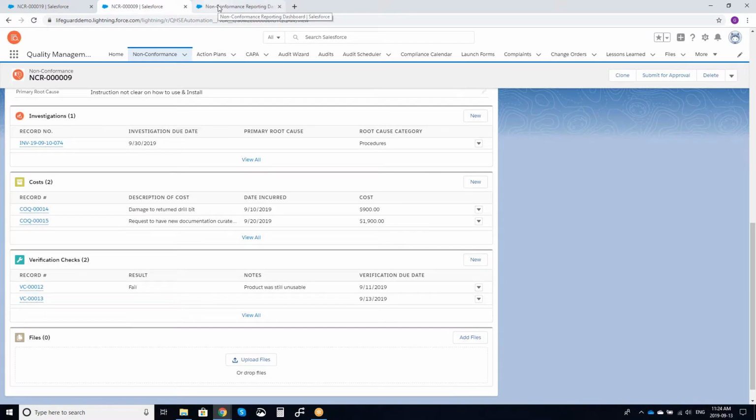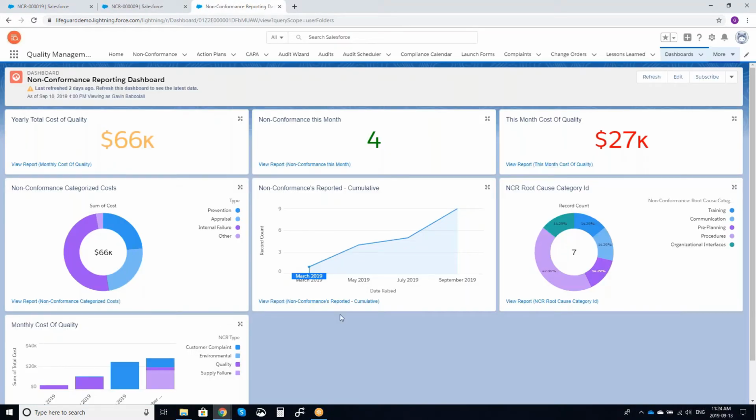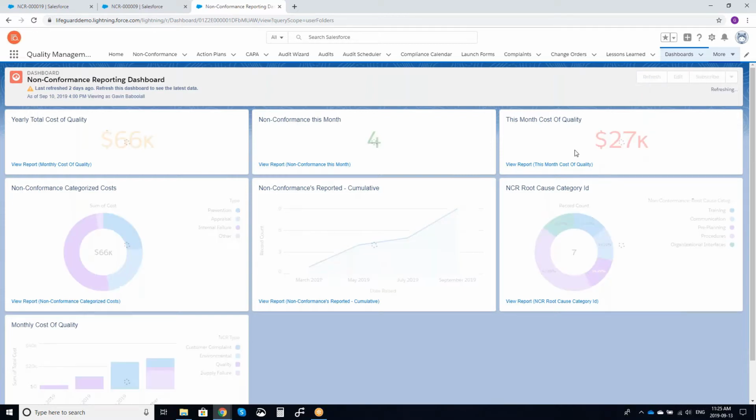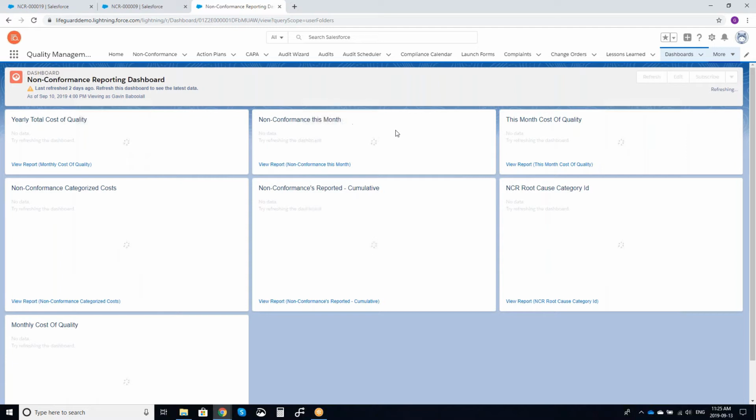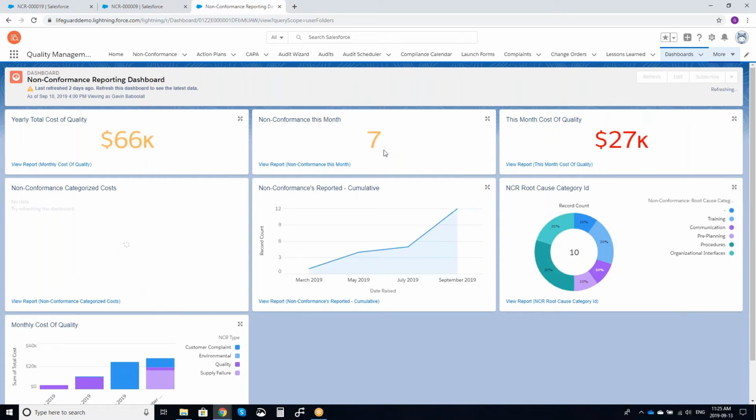What that ends up leading to, grand finale here, is a dashboard very similar to this, where I can start to see my overall total cost of quality. I can see individual items such as my yearly cost, how many non-conformances I've had this month, and my total cost of quality for this month by itself. If I hit refresh here, that new one that I just reported will change this number from a 4 to a 5 as soon as it comes back up.